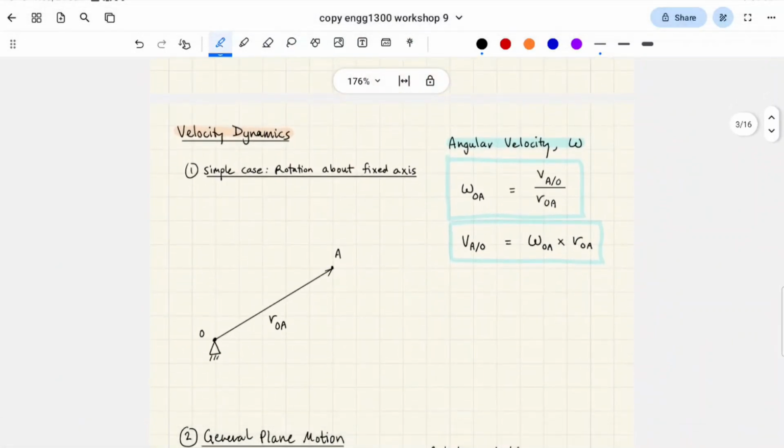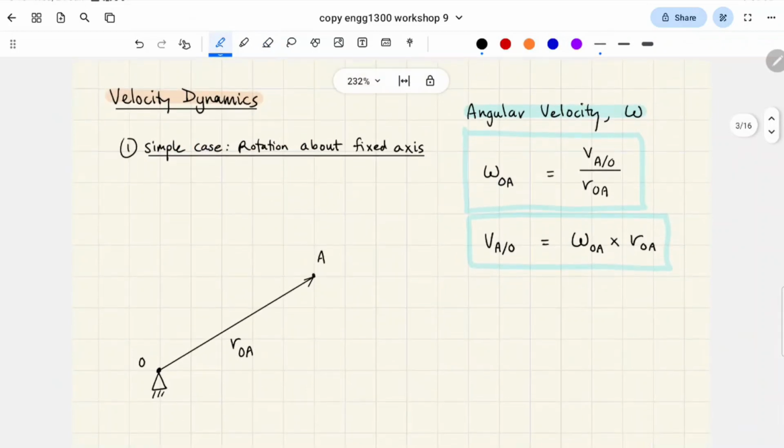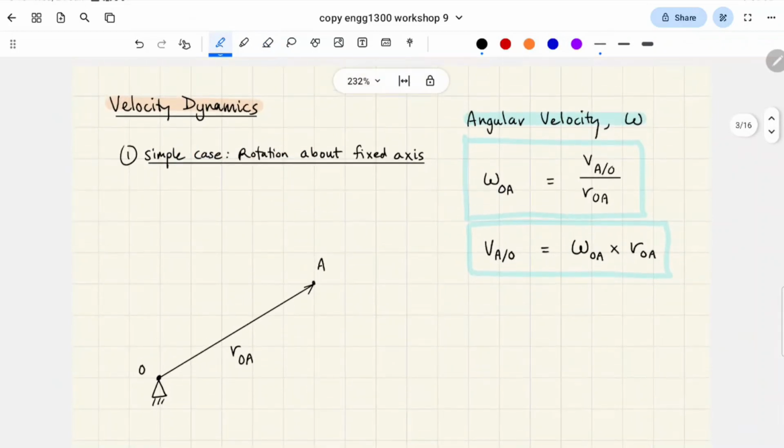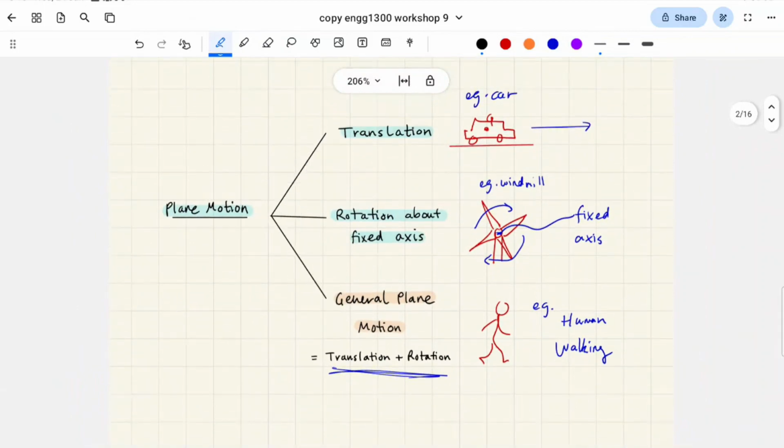So with velocity dynamics, here's how it generally goes. Pretty much we usually work with 1D rigid bodies. And here's the first case which I've drawn out, which is this rotation about a fixed axis. So in the context of what I was talking about earlier, sorry, I'm going to scroll up, this would be the second case, right?